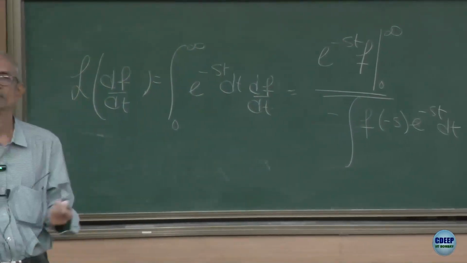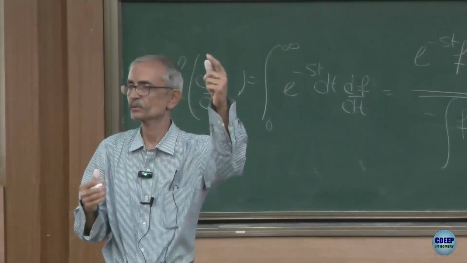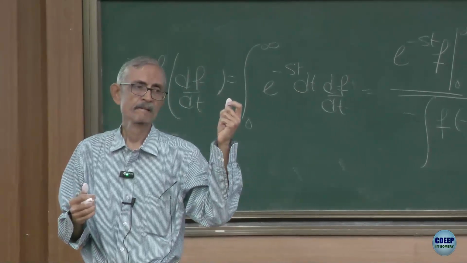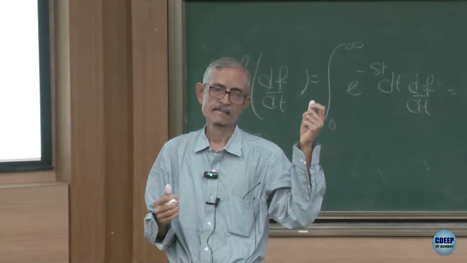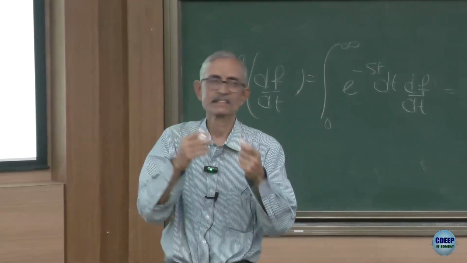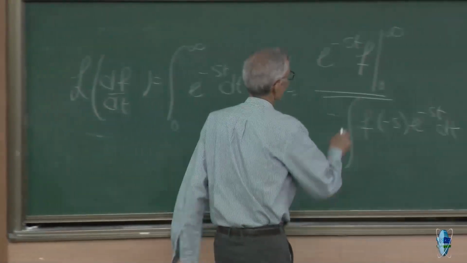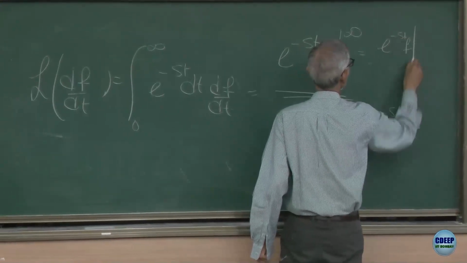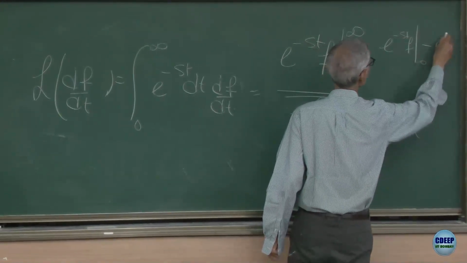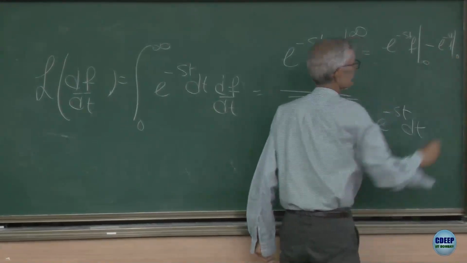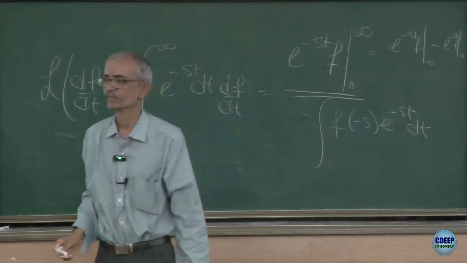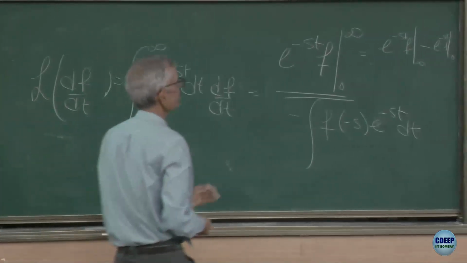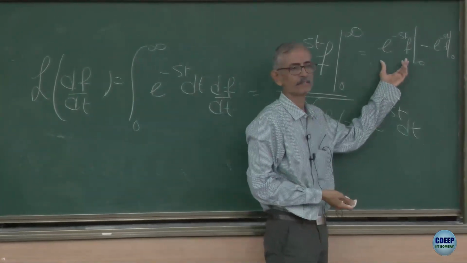Okay, what is this here? What is e to the minus st f from 0 to infinity? Is this equal to e to the minus st f at infinity minus e to the minus st f at 0? Is that right? So what is e to the minus st f at infinity?